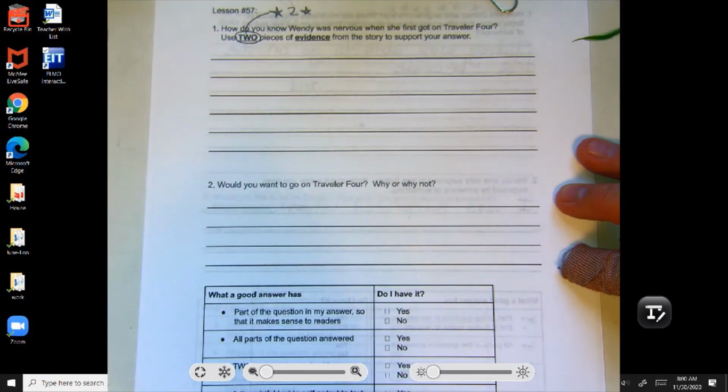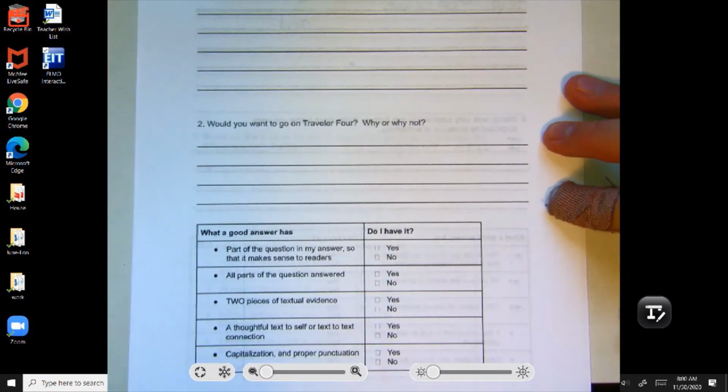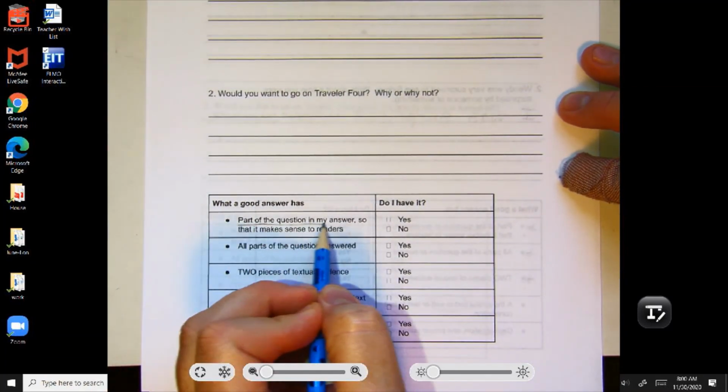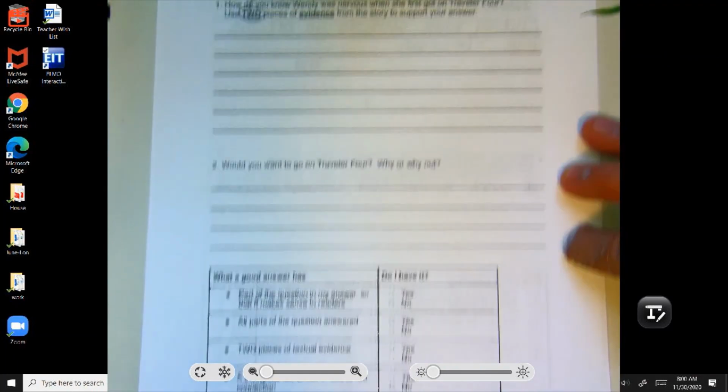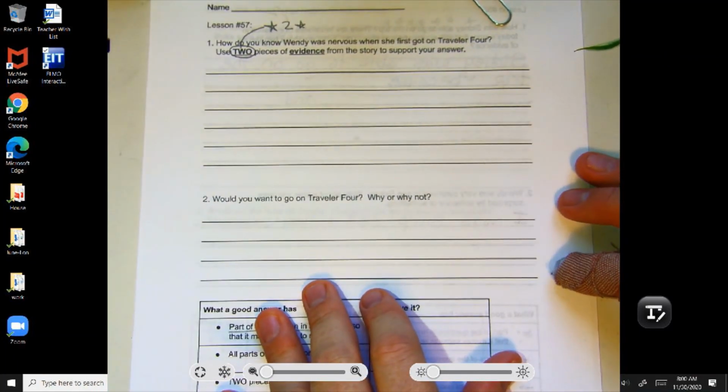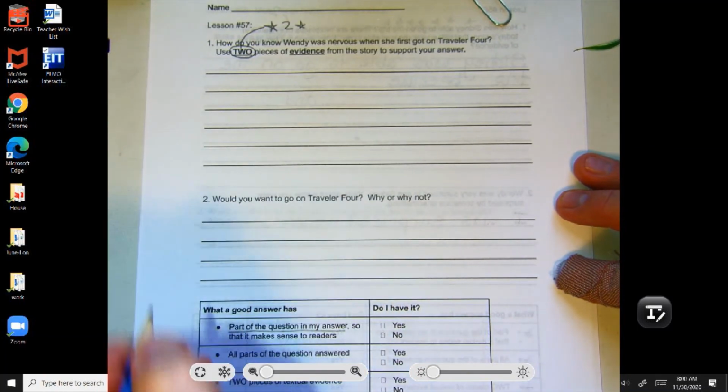And I'm remembering, right, from our little scoring rubric at the bottom, part of the question is in my answer. So when I go back up here and look at this, how do you know Wendy was nervous when she first got on Traveler 4?